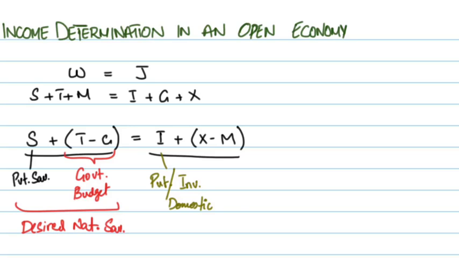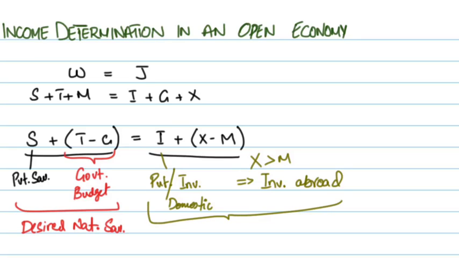And if more is exported than is imported, we can say that there is a financial claim acquired against foreigners, which means that there is a trade surplus and there are foreign reserves and there is investment abroad. So let's assume that X is greater than M, implying that there is investment abroad. And this total part becomes desired national asset formation.